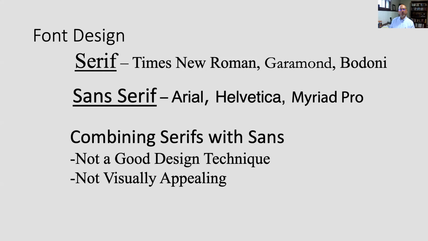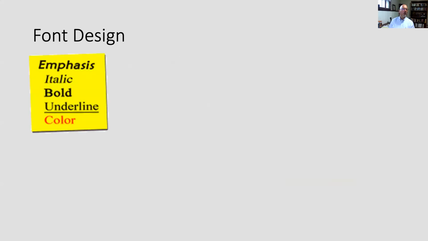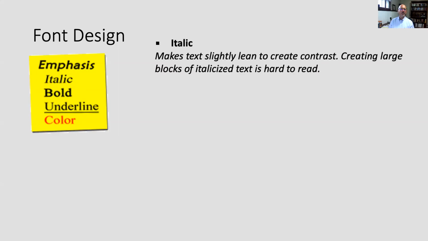And the other thing that we can do with typefaces is we can do some emphasis. There are 4 different ways that we can emphasize different text, and we'll go into those here. First of all, we can italicize our text, and you're probably familiar already that italicizing text makes it lean slightly to the right and creates a little bit of contrast to the text around it.